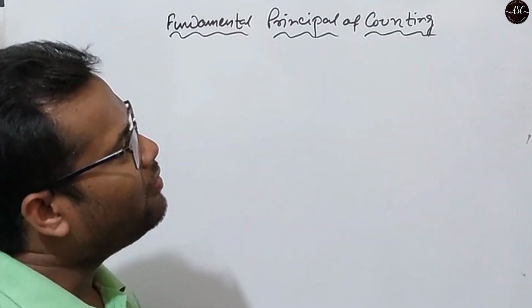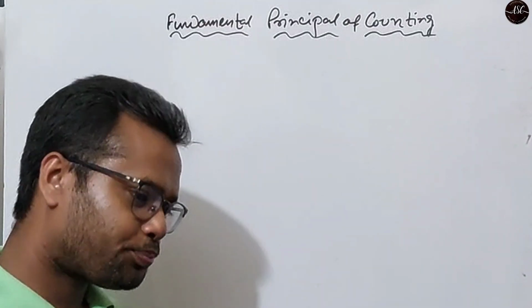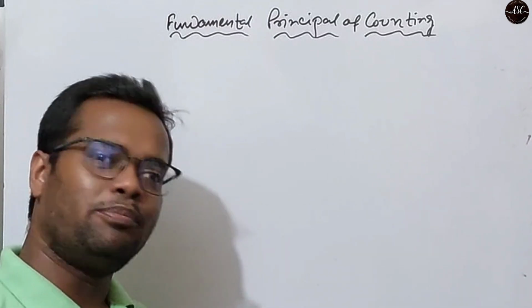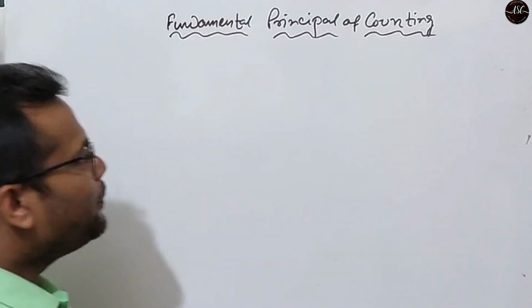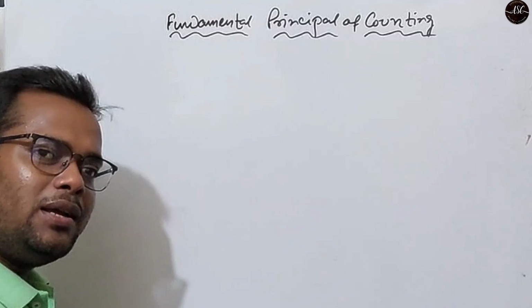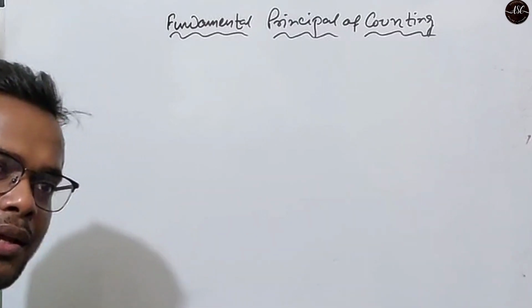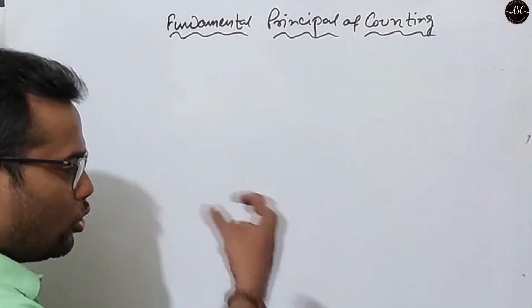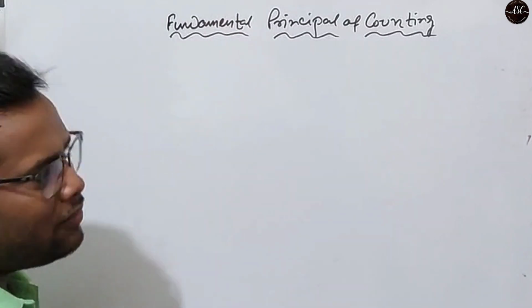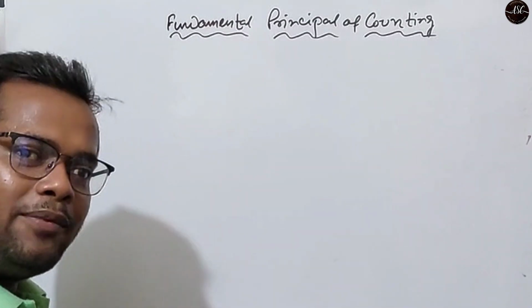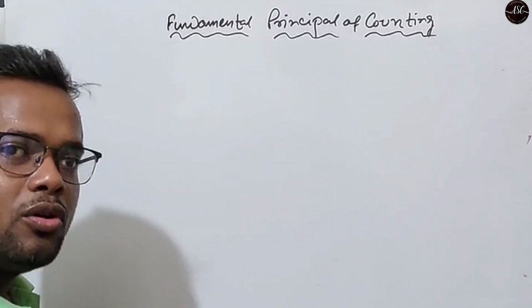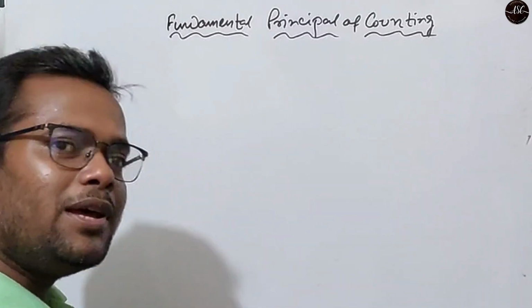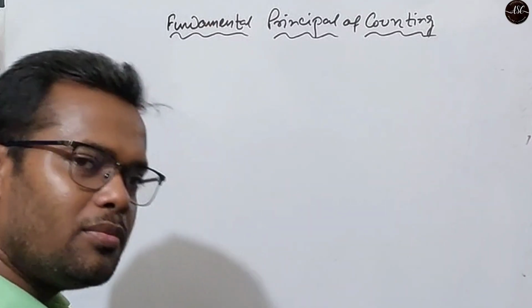What is the fundamental principle of counting? We have seen the example of the suitcase. Here, if you calculate the possible 2 numbers, the expression will be very big. But by the fundamental principle of counting, we can calculate the possible 2 numbers in a short way.